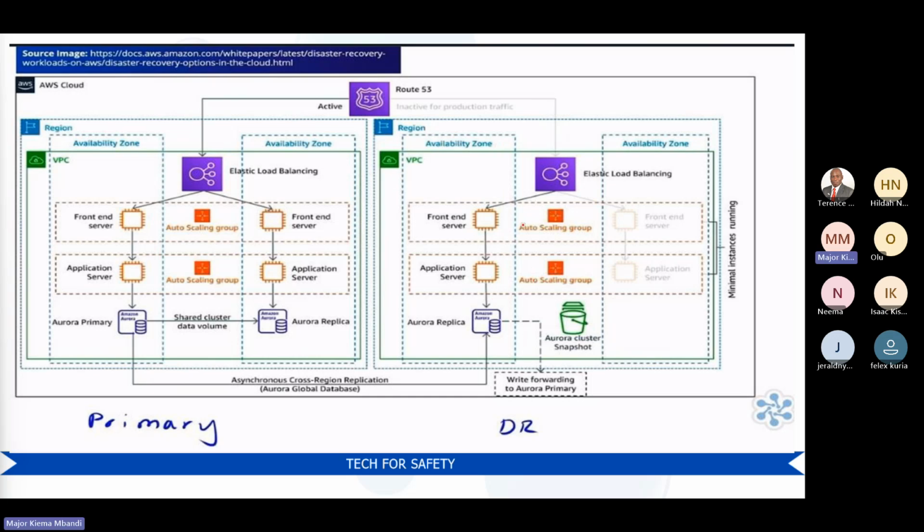The scaled version is whereby the DR region still has the front-end server and the application server, or a replica, running. But you can see there is nothing running in the second availability zone. However, an auto-scaling group has been configured at each layer, whereby if traffic starts being served in this region in case of a failover, the auto-scaling group can launch another front-end server and application server in a different availability zone.